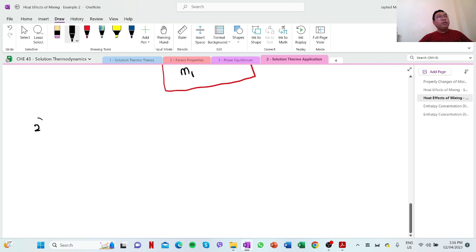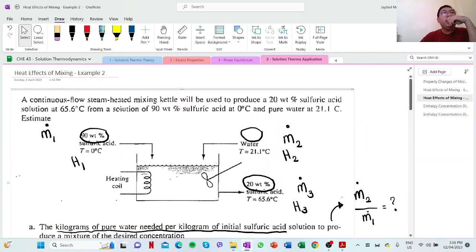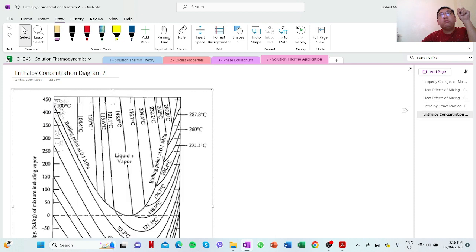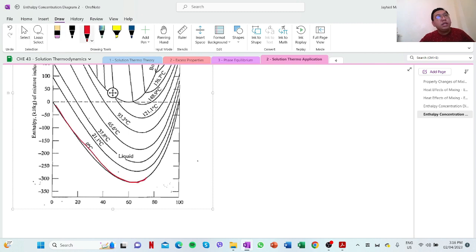For item number 2, for H1, according to the data here, 98% sulfuric acid at 0 degrees Celsius. So let's look at an isotherm for 0 degrees Celsius. We have this one here. And we are going to read for 90 weight percent, 80 around here.